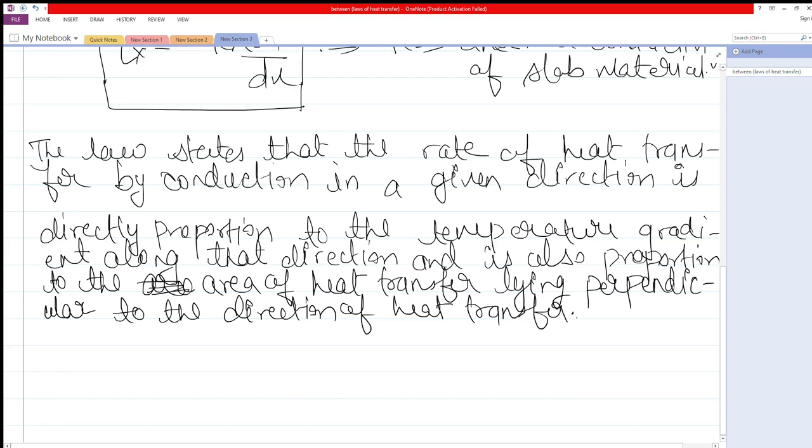This is the Fourier law of conduction. This is the definition.